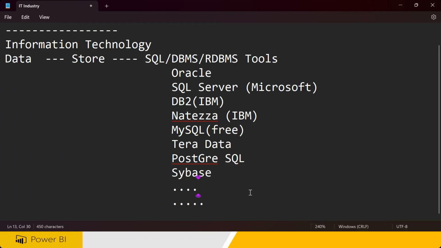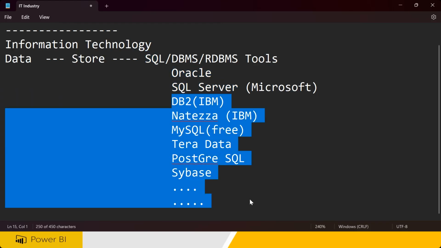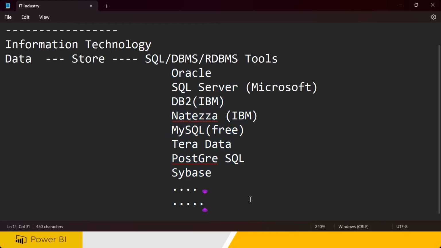Clear? So that is the reason: if you want to get into Power BI, data analytics or data engineering, the backbone is SQL. You should learn any one tool. Power BI belongs to Microsoft, so we are going to be using SQL Server software.